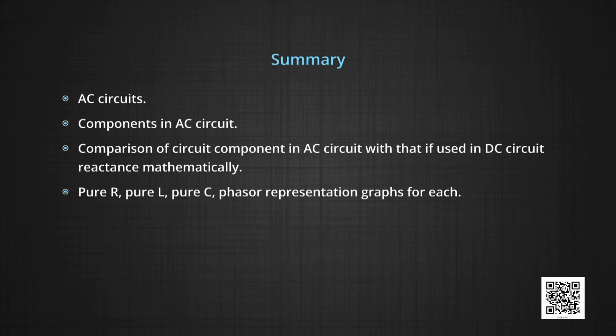We also did the phasor representation graph for each. So, we have finished this module, and in the next module we will discuss R, C and L, and we will combine them like RC and LC when the circuit is connected to the AC source.